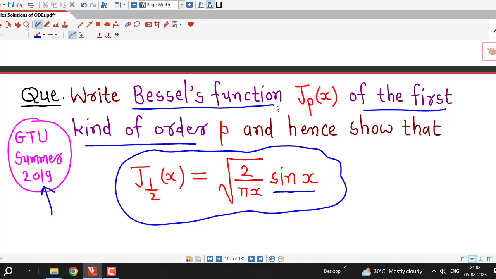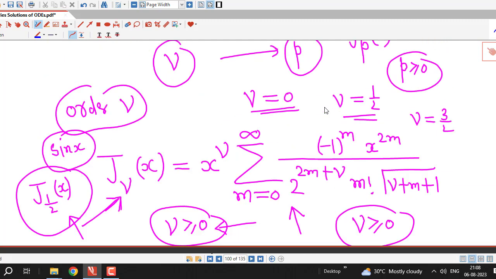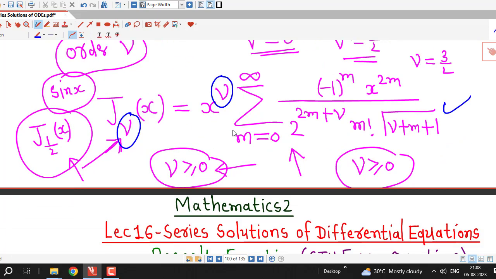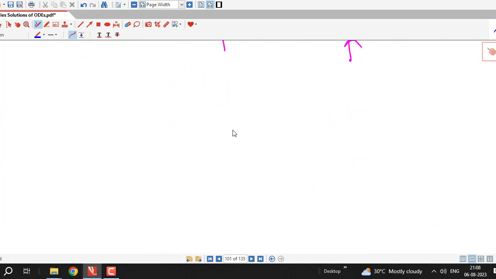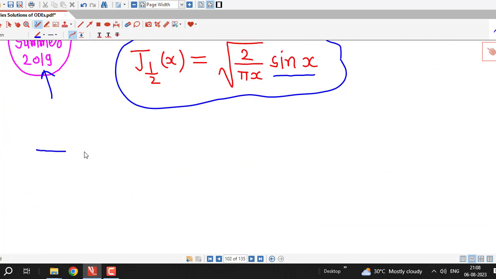First we will write down Bessel's function of order p, and for that we will simply replace this symbol nu in this formula which we have derived in previous lecture, and we will be able to write down Bessel's function of order p. So first I am writing that part of the question.